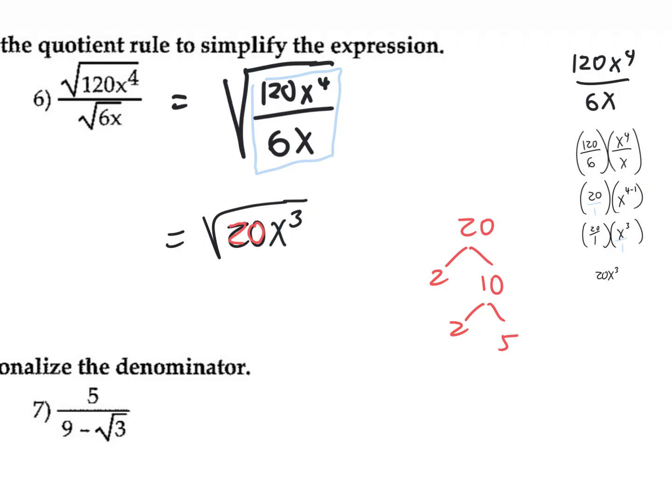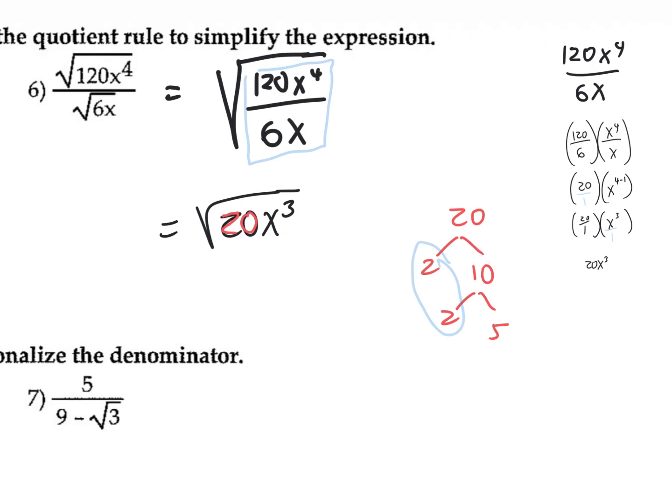And we have, of course, this pair. So we know that 2 is going to get out, but a 5 is going to be left in there. Now, you can kind of do something similar with the x to the third. So the x to the third, you could split that into x times x times x, and then you could circle the pairs, okay? And that means one of those is going to get out, and this poor x is going to be left inside.